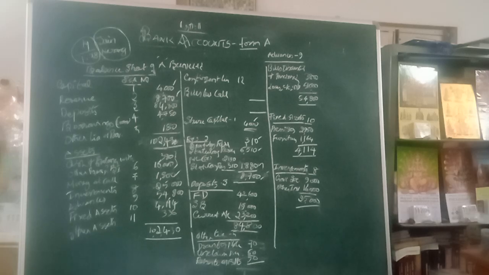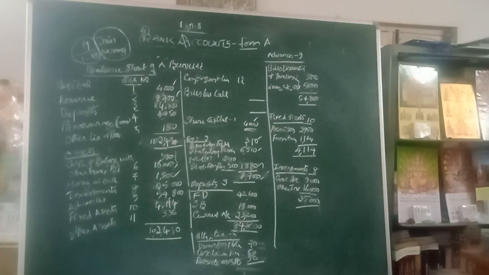Now we have taken all the items given in the question. Now we are required to prepare the balance sheet. Okay, we have prepared the balance sheet. Now you total the individual schedules and post the individual schedule items to the main part of the answer: capital, reserves, deposits, and borrowings, other liabilities and provisions.